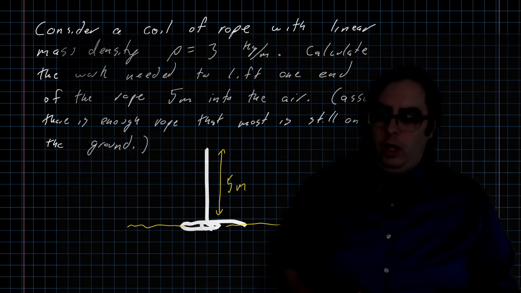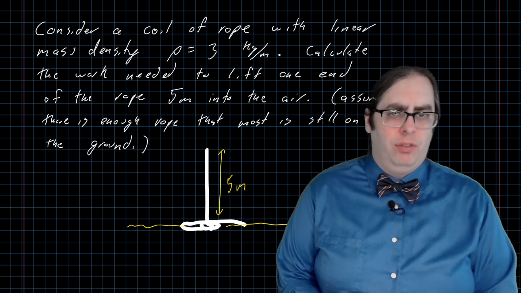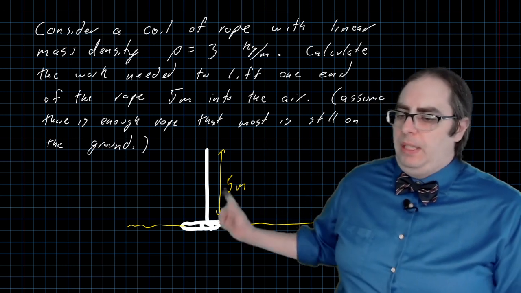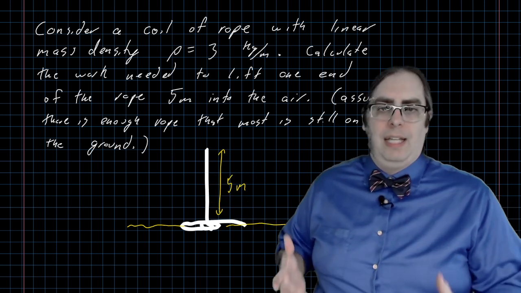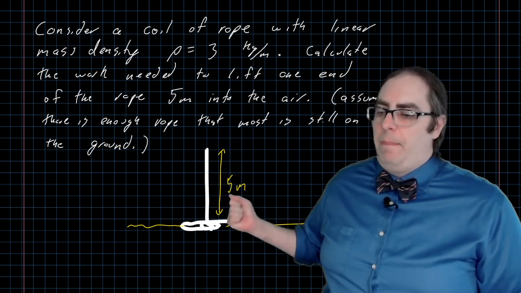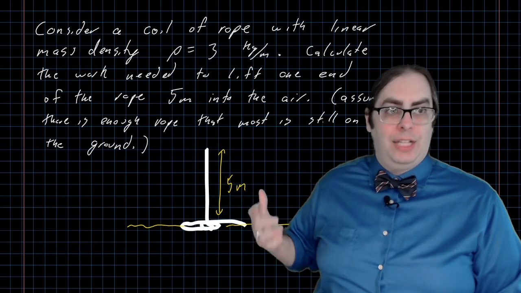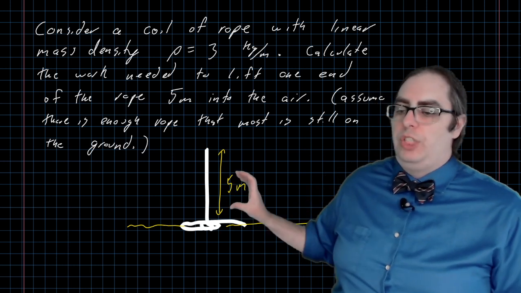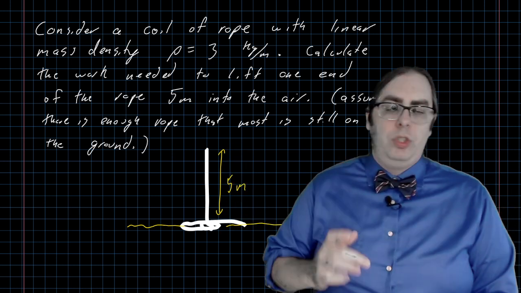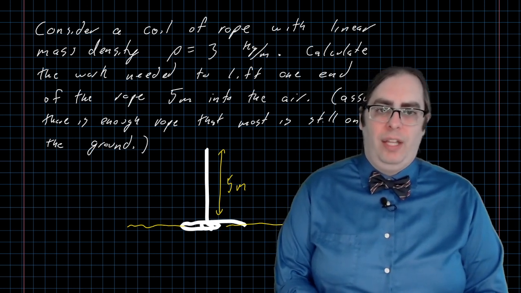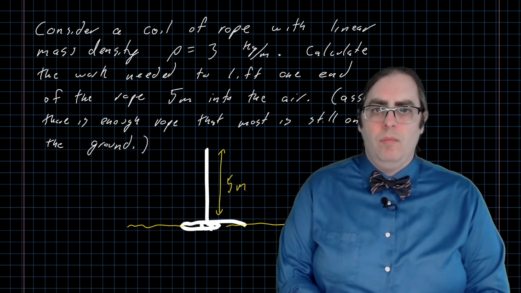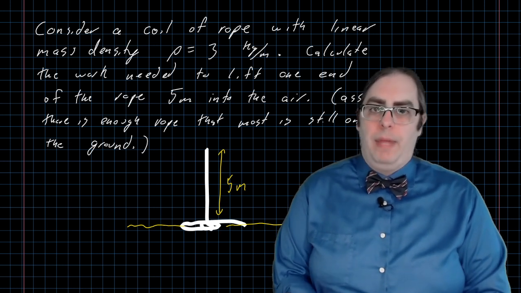Before you get started on this, I do want to give you one hint. Because you are lifting from one end instead of lifting up the entire thing, the amount of mass that you're actually pulling is going to change as you go up, which is going to change the amount of force acting on this thing. So think about it from that perspective.